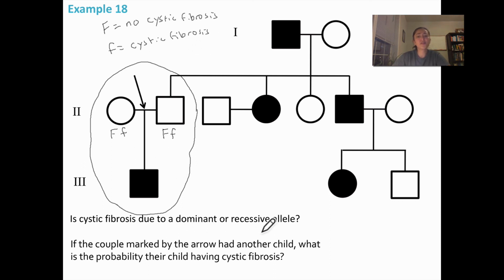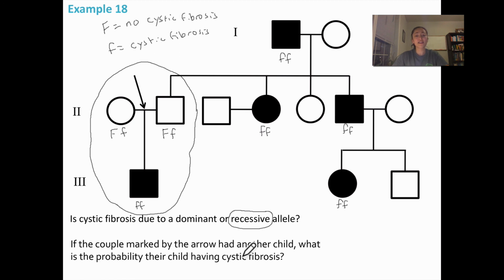So is cystic fibrosis due to a dominant or recessive allele? Well, it's due to a recessive allele. Therefore, since that's due to a recessive allele, any individual that has cystic fibrosis must have two of the recessive alleles for them to have the disease. Because every individual has 2 copies of a gene, and to express the recessive gene, you have to have 2 copies of it.